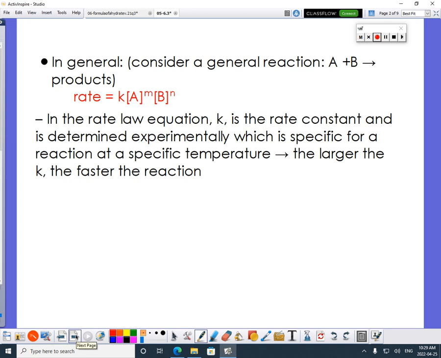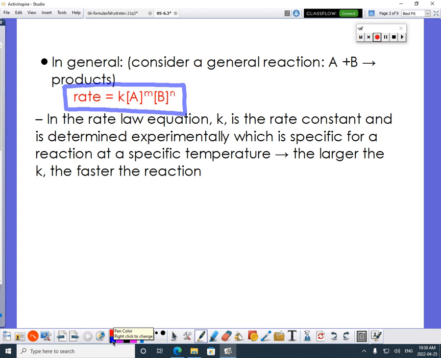When we write a rate law, we're only going to be concerned about the reactants. In my random example here, I didn't even put a product because we don't care. So it's always rate equals K, which we'll talk about in a second, times the concentration of however many reactants we have.